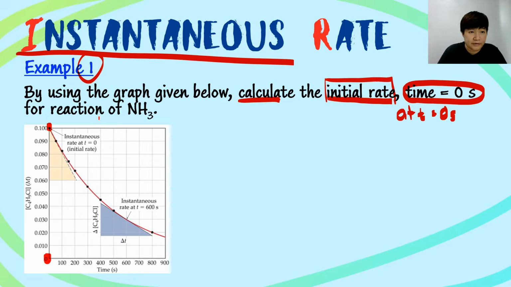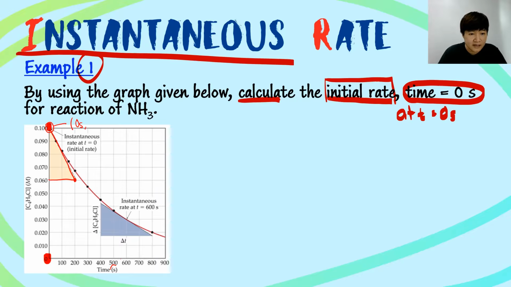This is my point. Like I have mentioned, this is the point that we want. What we are going to do is plot a tangent over the line, and then calculate the slope of the tangent. This is the tangent dot that I have. At this dot, the time right now is 0 second.